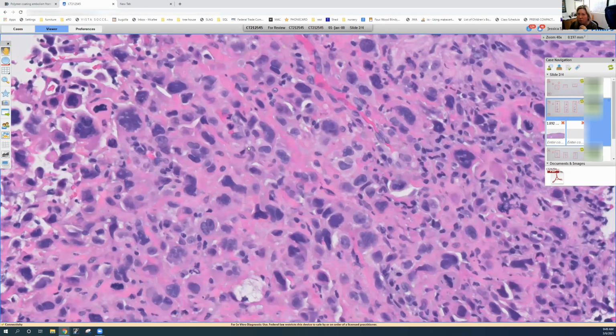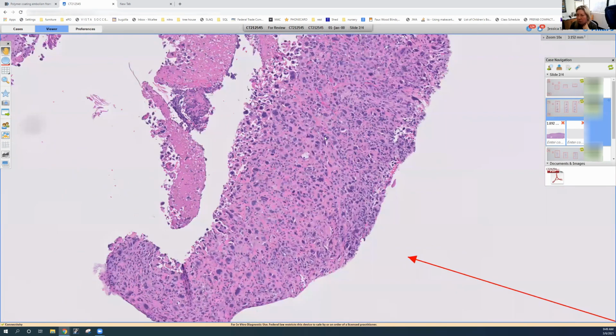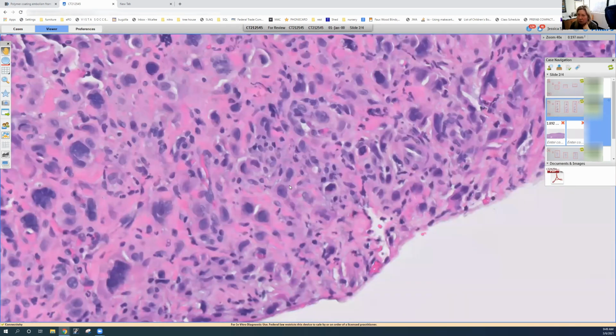You can see really pleomorphic, bizarre looking cells. Some of them with some pink cytoplasm, some of them looking spindled in appearance, many with multinucleation.